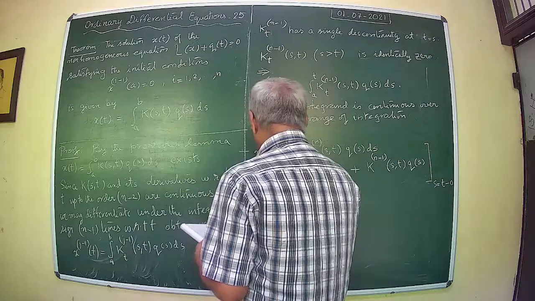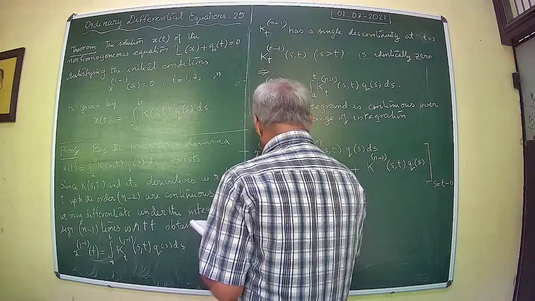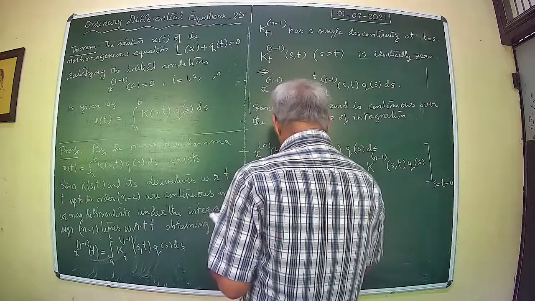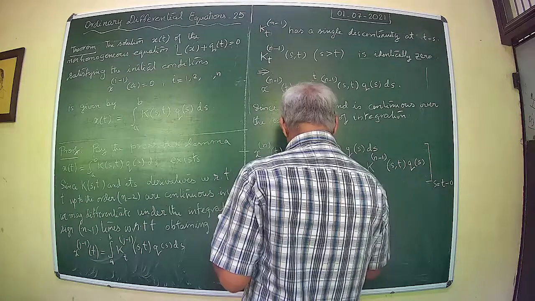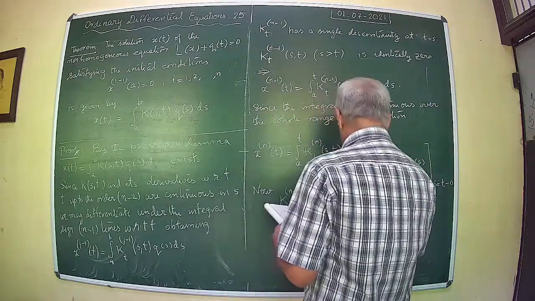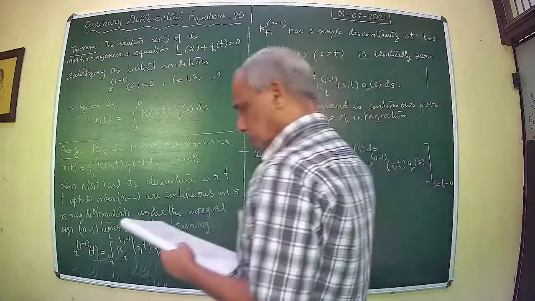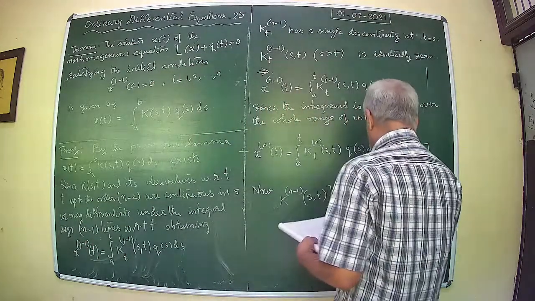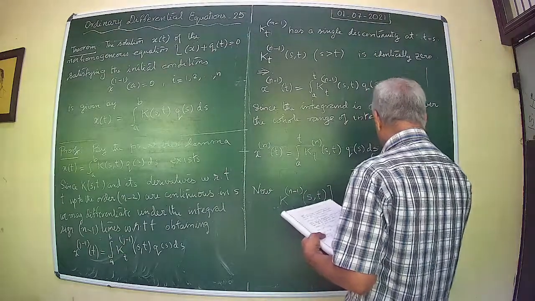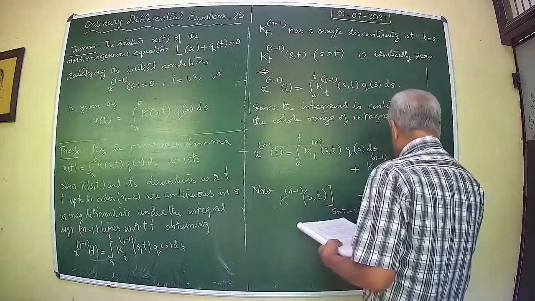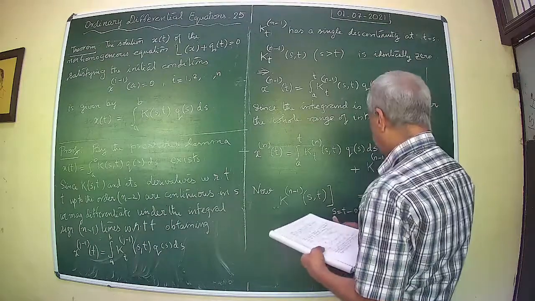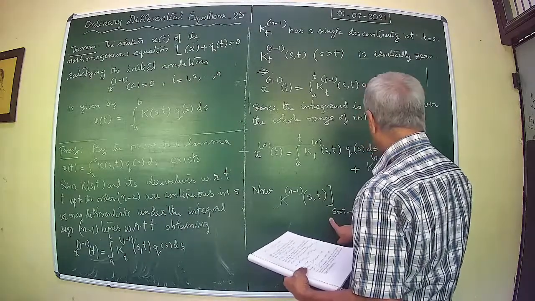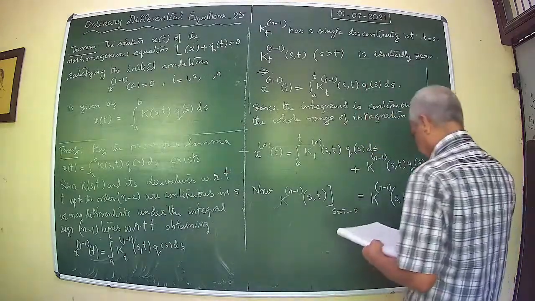Now, k, the n minus first derivative, this is equal to k derivative of (s,t). See, at s equal to t minus 0 corresponds to t equal to s minus 0. So that's s plus 0.